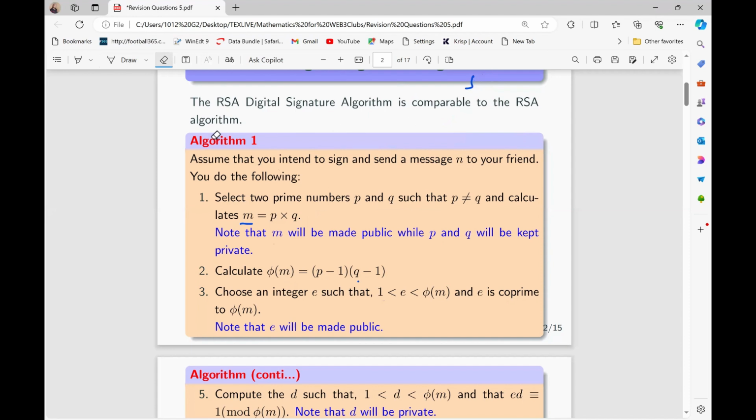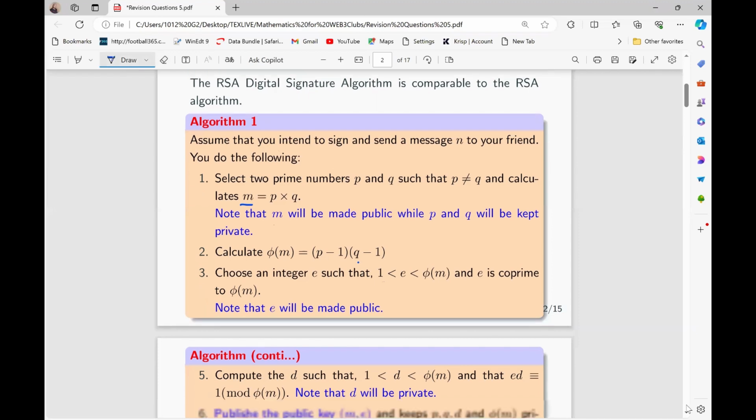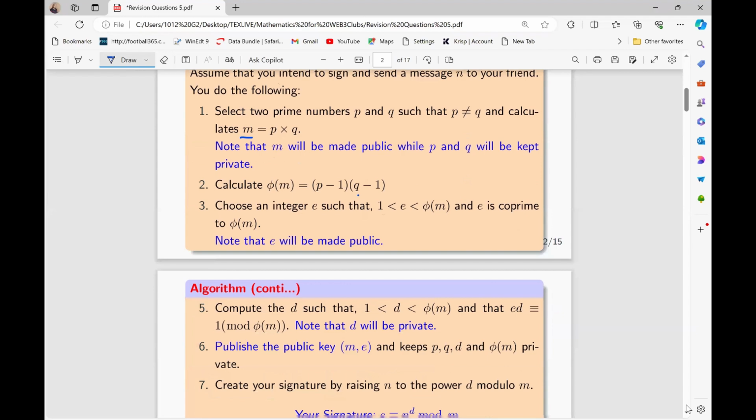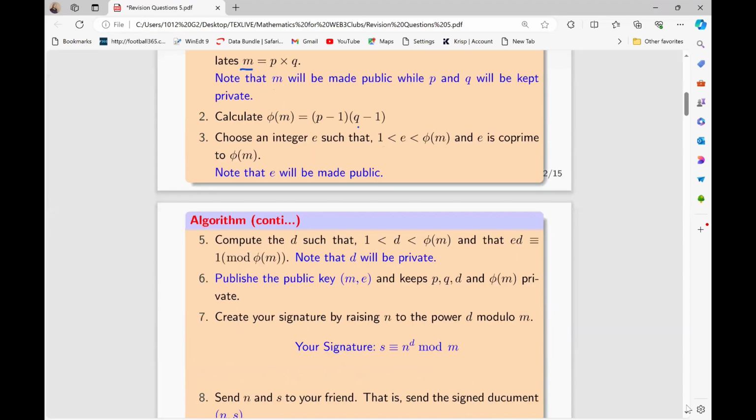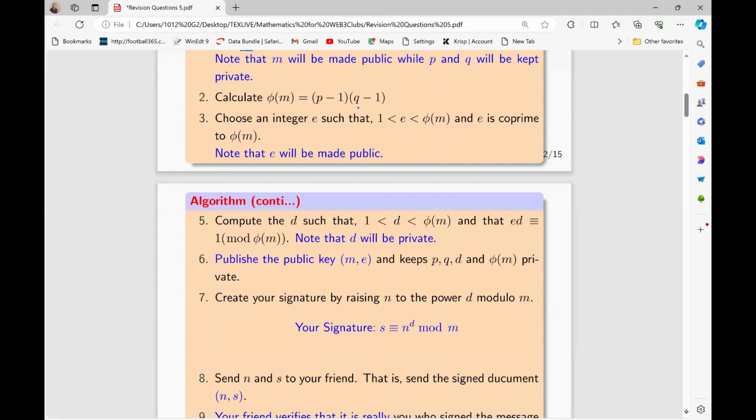Now, once you select this E, you calculate its inverse, which we are calling D, and of course it should be in this range.